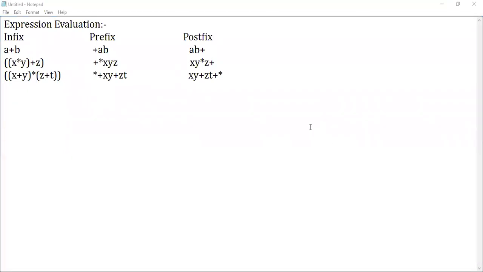I'll give you some other expression, guys. If we take x plus y, followed by into z, then followed by, let me give some big expression for you people, use division, v plus W. Close it.